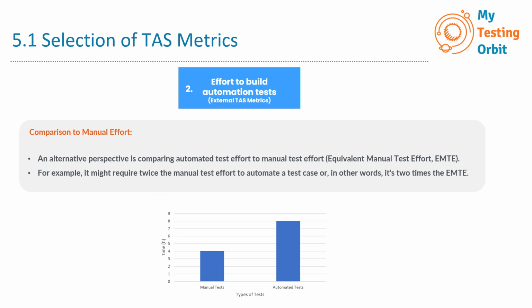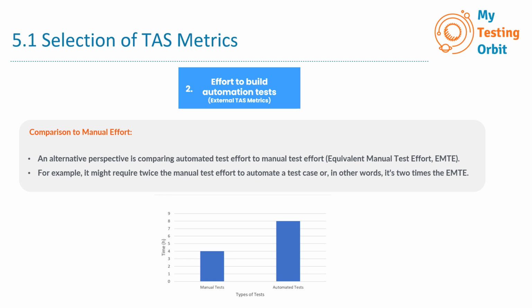Now you decide to automate the same test case. However, the automation process is quite complex and it takes a test automation engineer 8 hours to create the automated script, set up the automation framework, and make it work flawlessly. In this scenario, the effort required for automation is 2 times the EMTE.